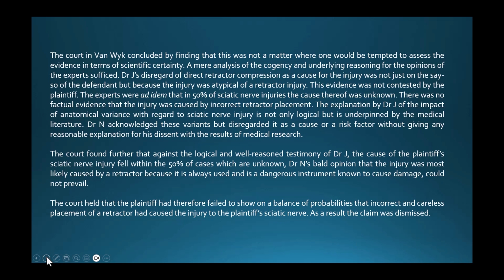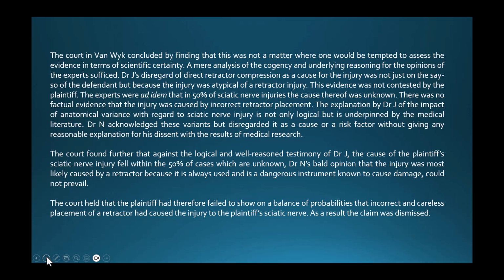The court found further that against the logical and well-reasoned testimony of Dr. J, the cause of the plaintiff's sciatic nerve injury fell within the 50% of cases which are unknown. Dr. N's bold opinion that the injury was most likely caused by a retractor because it is always used and is a dangerous instrument known to cause damage could not prevail.